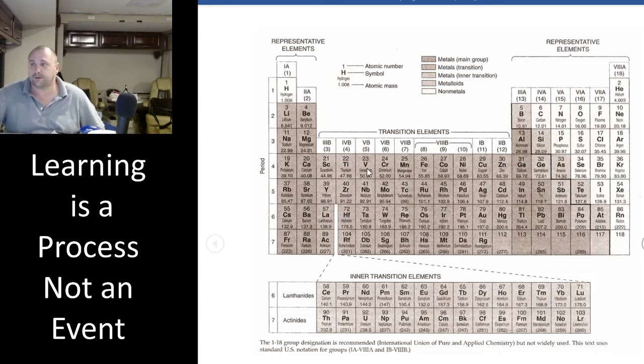So if I gave you magnesium and beryllium, and I asked you which one would be bigger in atomic size, you would say beryllium, because it's closer to cesium. See how it's right next to it.